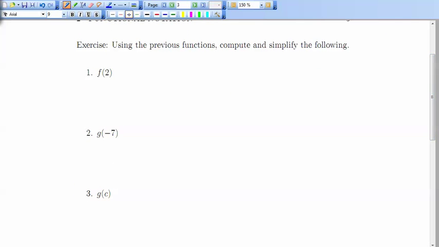So our function from the previous page, f, if we plug in x equals 2 and figure out what the output should be, well, what I'll do is I'll replace everywhere I see an x in the function with a 2 in brackets. I'll just write it off to the side here just to remind you what f was, but you can just look back on the last page, it's right there.